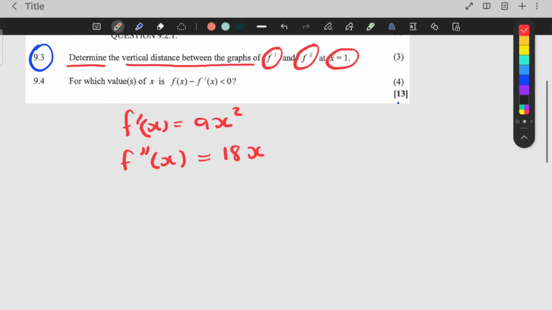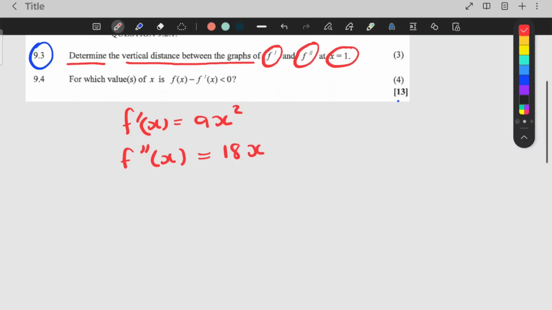Now they want to know what's the vertical distance between these two points. But the point is where x is 1. So I'm going to sub in x is 1 here and get an answer. For the first one, 9 times 1 squared, I get 9.